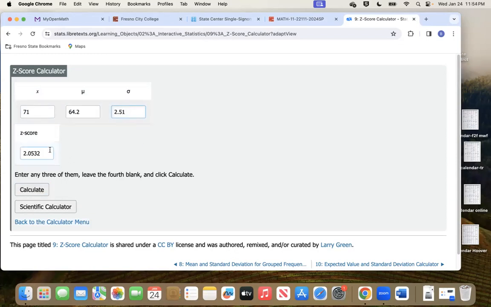Now when I hit calculate, well, I got to get rid of this. You got to get rid of that Z, right? Because you gotta leave the fourth blank and then hit calculate. 2.7092. Okay, so now let's go back.